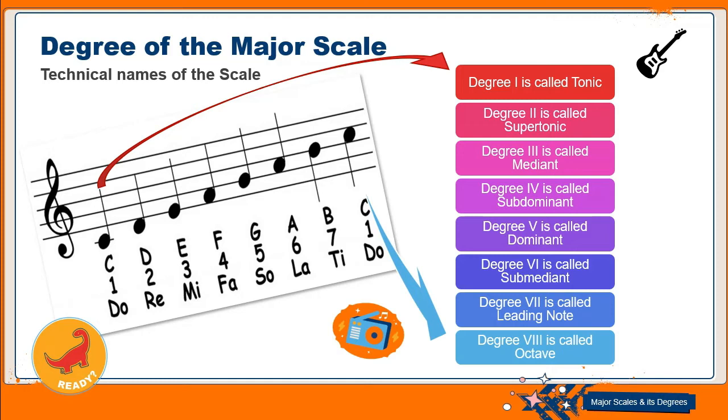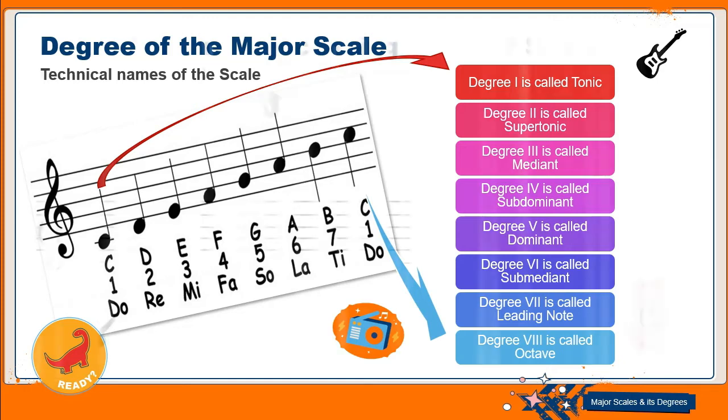So that is why you have it represented that way, because you're having two notes, one as the tonic, the other as the octave. The difference is that their pitches are not the same. The octave is always higher than the tonic of every degree of the scale.